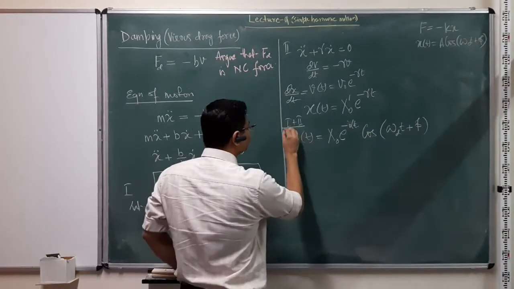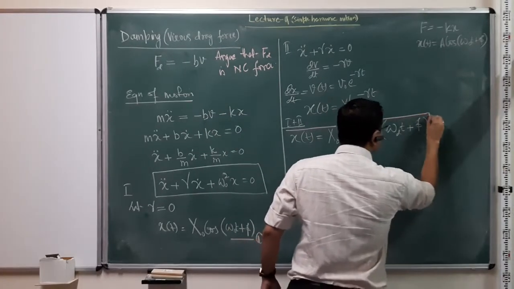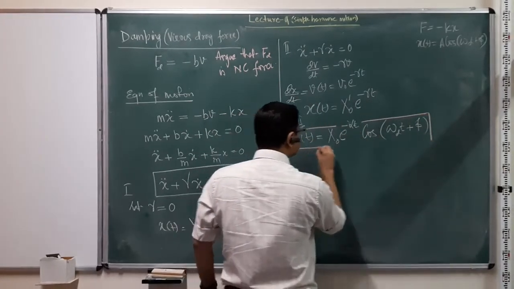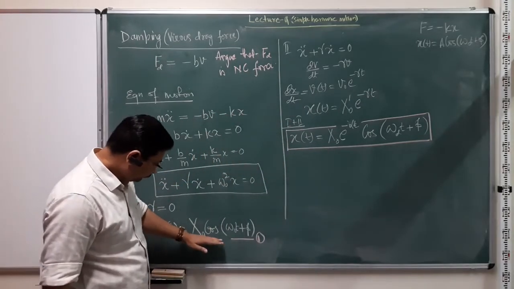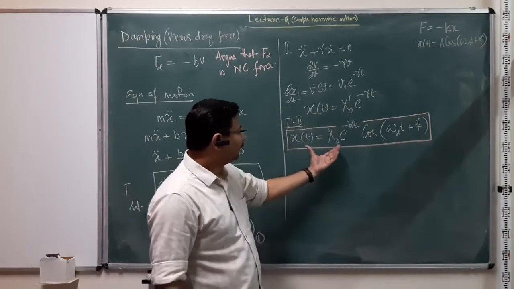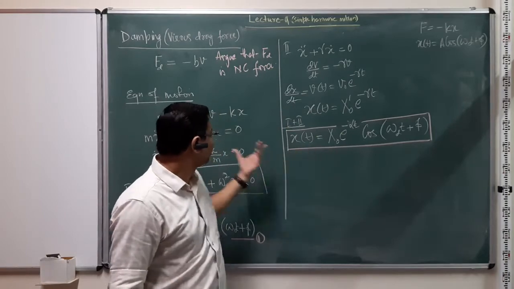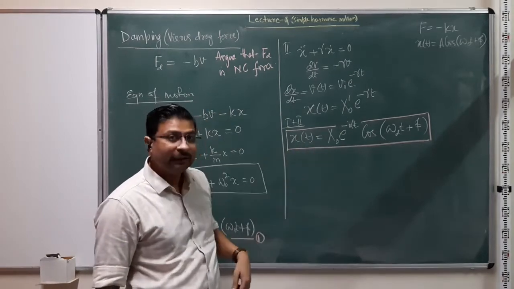Okay. So arguing that under two extremes the solution will have this behavior and this behavior, I have written down the general solution for the system under the influence of both the forces like this.